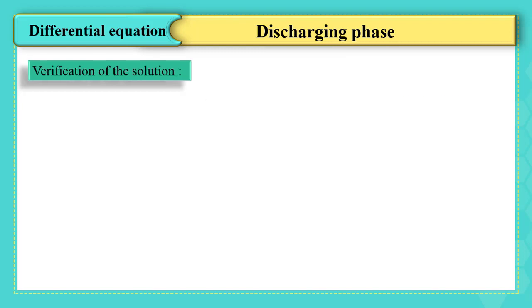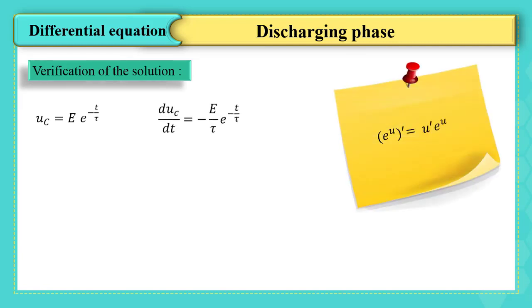To verify the solution of the differential equation, we need to replace the solution, represented by the expression UC equals E exponential minus t over tau, and its derivative in the differential equation. We know that UC equals E multiplied by exponential minus t over tau. The derivative of this function is equal to minus E over tau exponential minus t over tau.